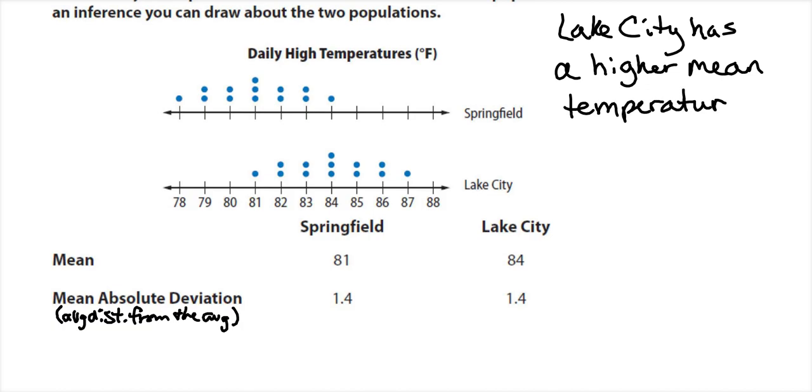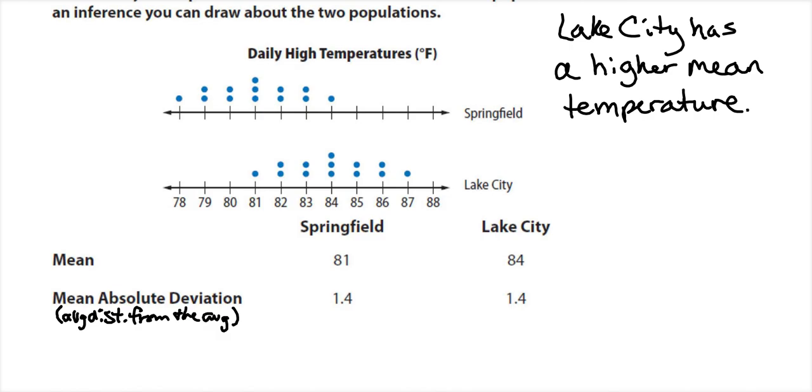I kind of skipped over how to find the mean. This means that 78 occurred once, 79 occurred twice, so you do 78 plus 79 plus 79 plus 80 plus 80 plus 81 plus 81 plus 81 and so on, and then you divide by how many dots you have. If you forgot how to find the mean on a graph, that's what you do.